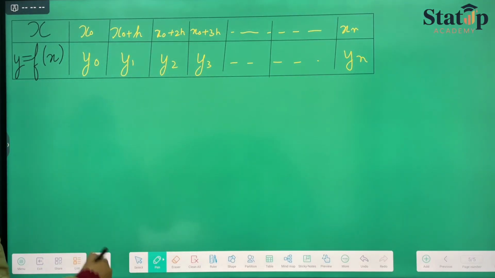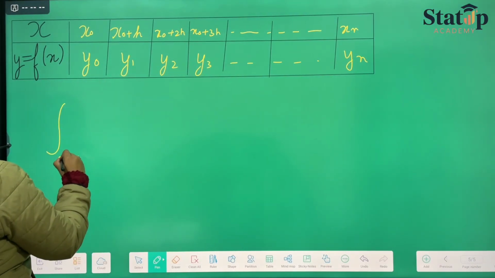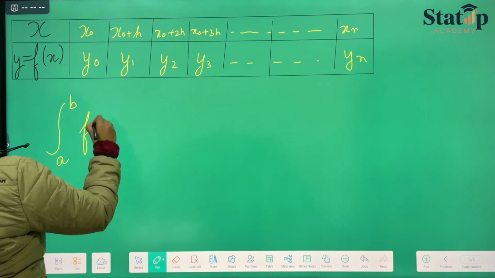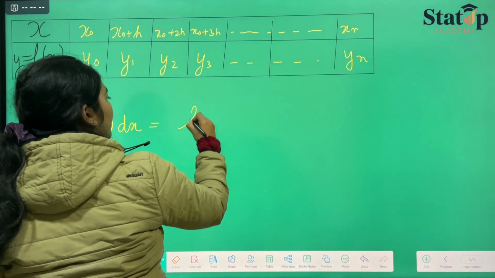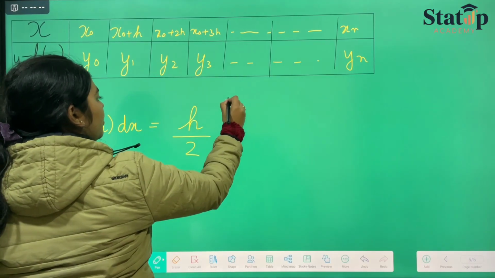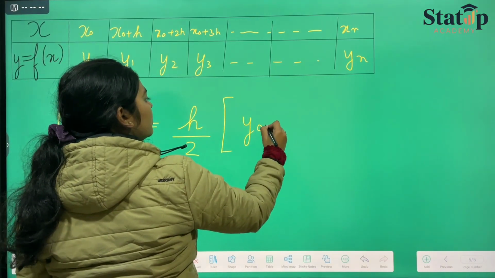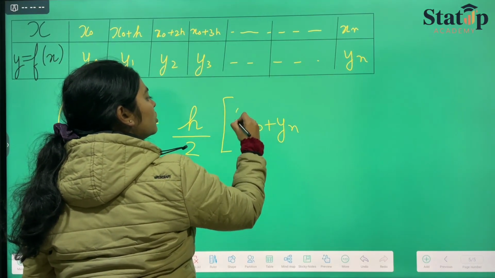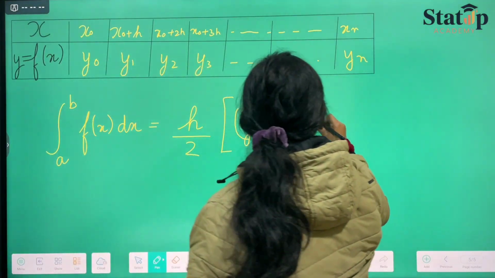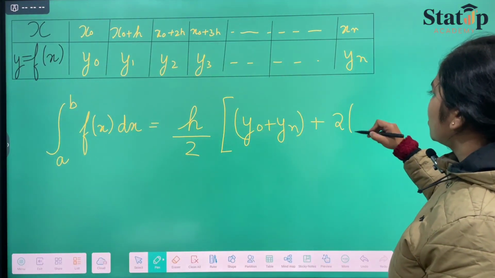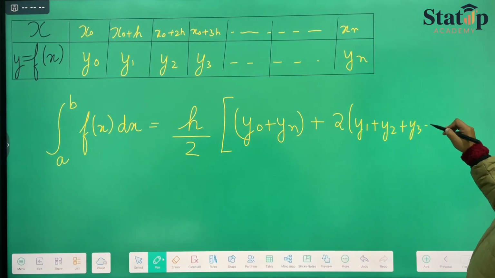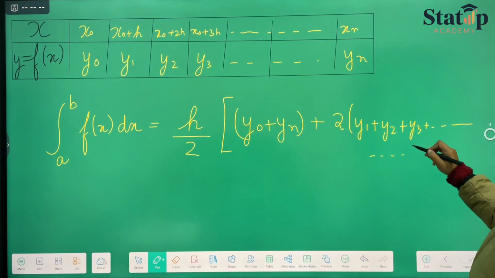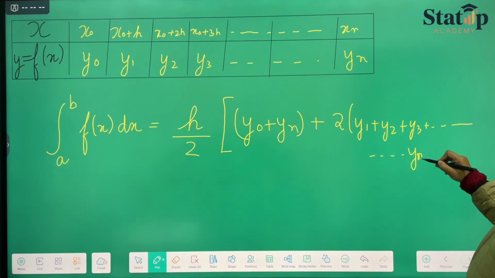So our trapezoidal rule is: integration from a to b of f(x) dx is equal to h upon 2 times the bracket of y naught plus yn, the addition of the first and last terms, plus 2 times y1 plus y2 plus y3 plus all the terms in between, up to yn minus 2 plus yn minus 1.